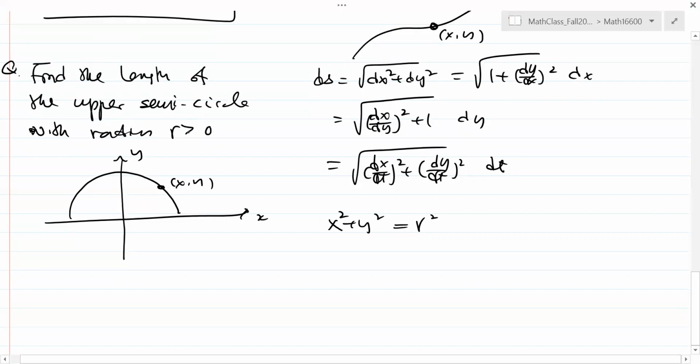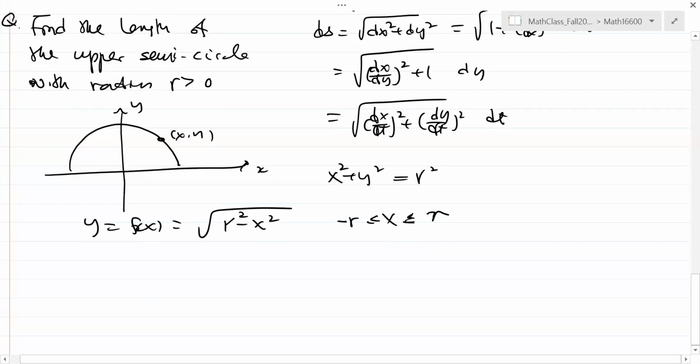So x and y are in equal position. Whether y depends on x or x depends on y doesn't matter. If you view the upper semicircle as the graph of some function, then that function is going to be the square root of r squared minus x squared, and x is between negative r and positive r. You just solve for y in terms of x.